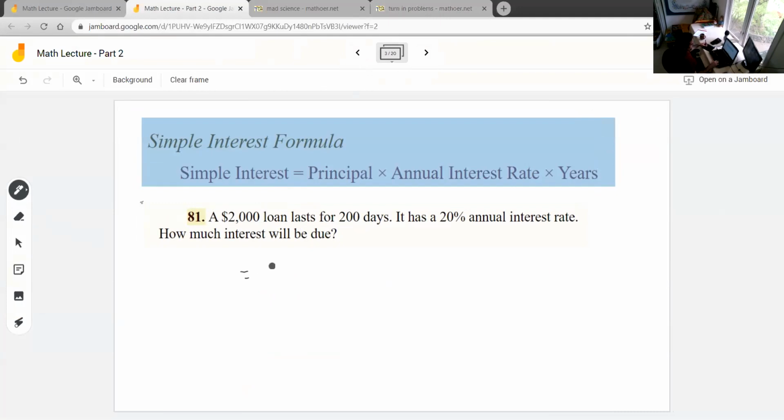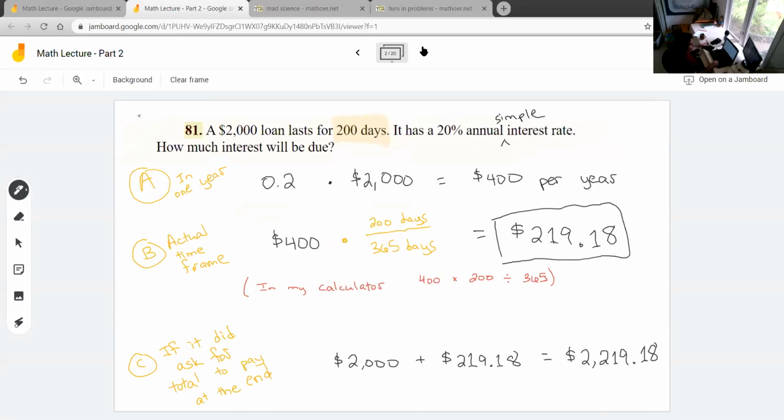So I'm going to take the 2,000, that's my principal. I'm going to multiply it by the 0.2, that's my annual interest rate. And then how much of a year is it? It was 200 out of 365. And whatever that answer was, 219.18.